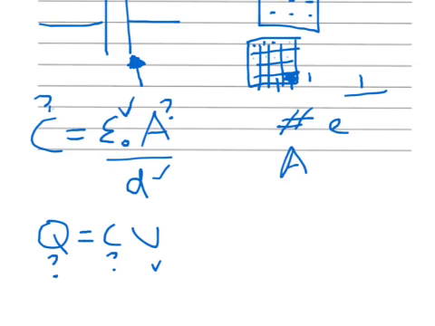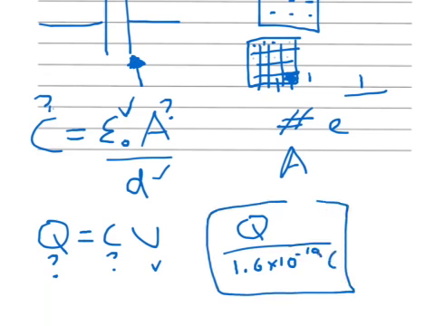Ultimately we're aiming for the charge. So we work out the charge on the plate. We can divide that by the charge on a single electron, which is 1.6 times 10 to the minus 19 coulombs, or negative 1.6, and that'll give us the total number of electrons, which is what we stick in our fraction here, 1 over that.